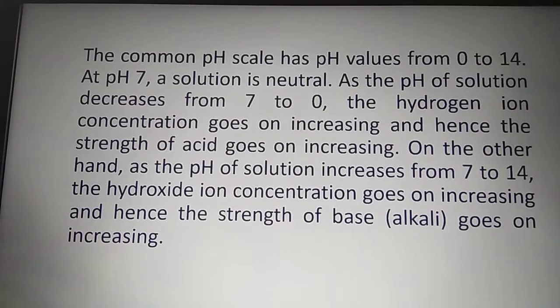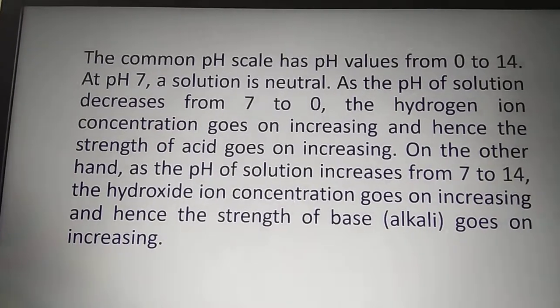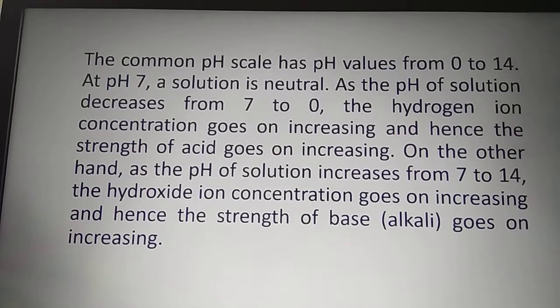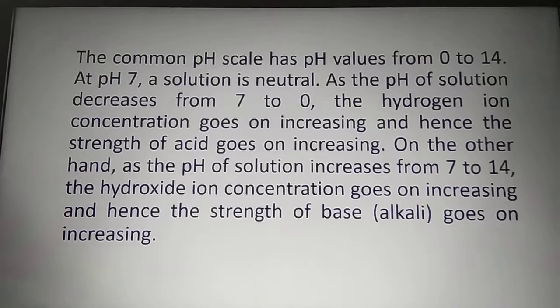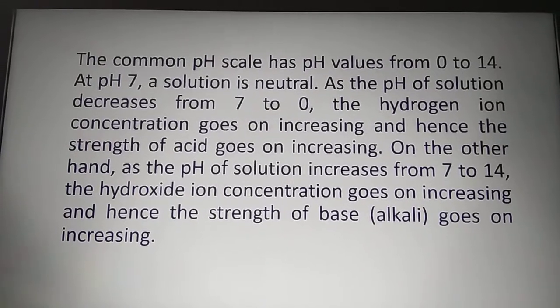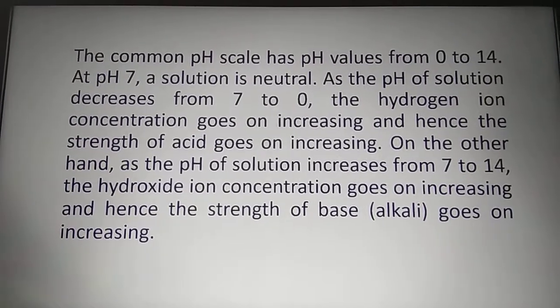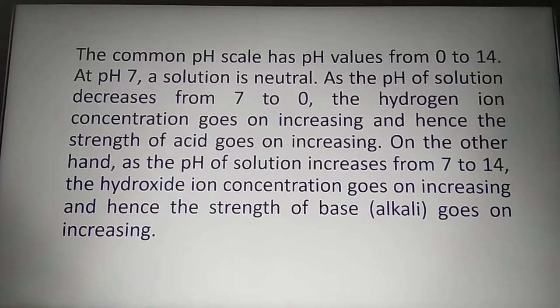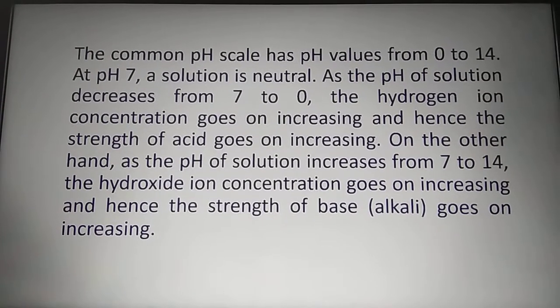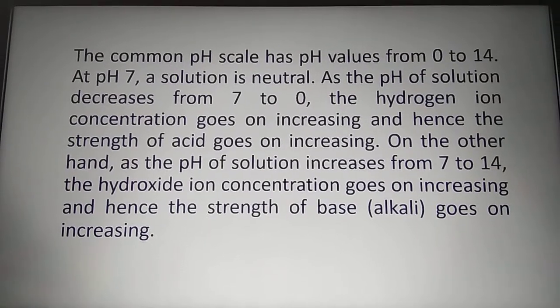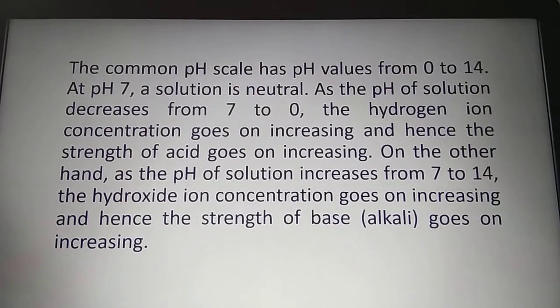But if pH of the solution increases from 7 to 14, the hydroxide ion concentration goes on increasing. That means hydrogen ion concentration goes on decreasing. So what we can conclude? The strength of alkali or strength of base goes on increasing. This is the concept of pH.